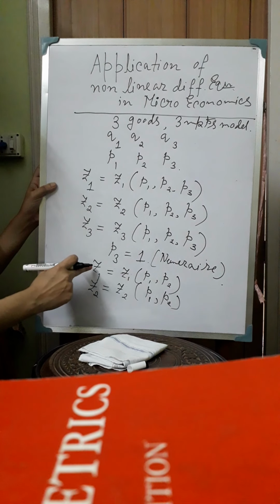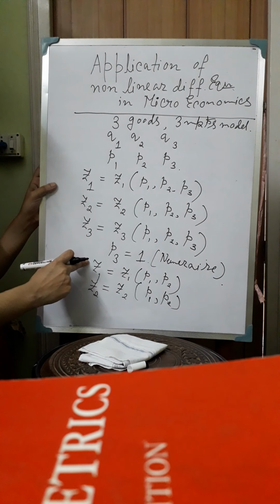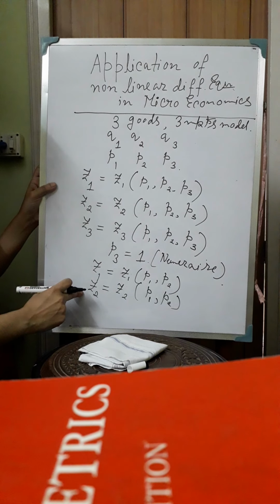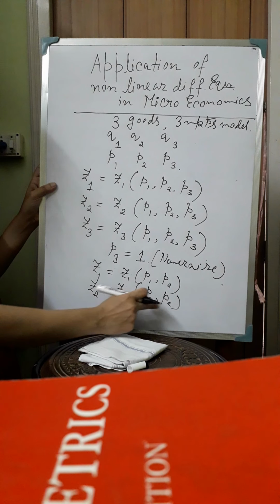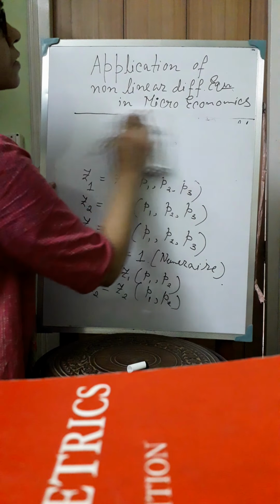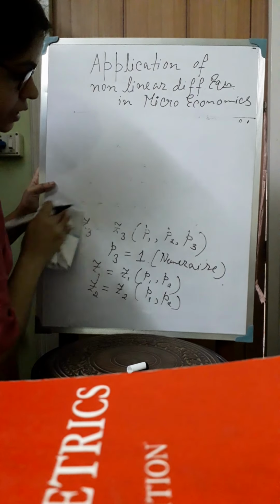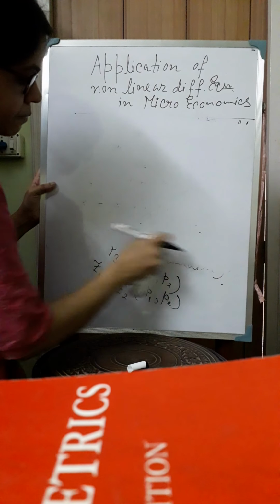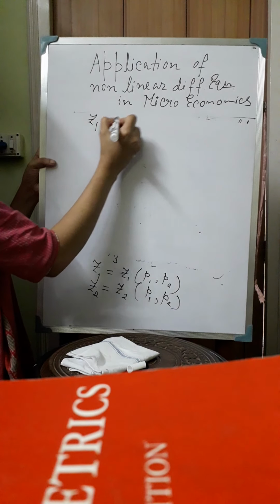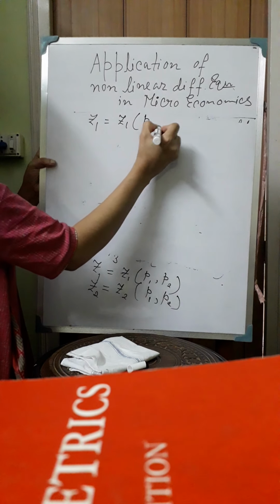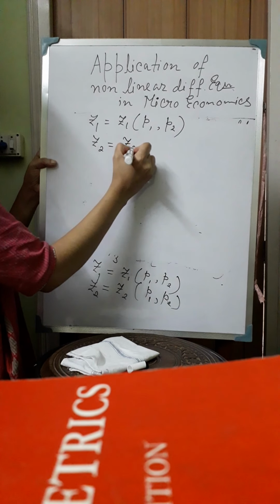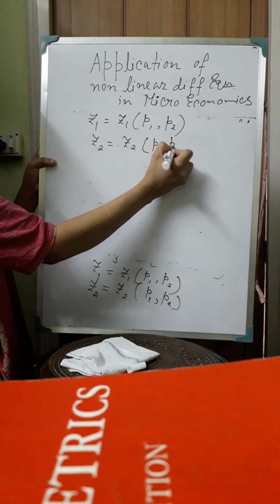The demand for commodity 1 is a function of P1 and P2, and commodity 2's demand depends on P1 and P2. Now we shall consider the equilibrium in market 1 and market 2.